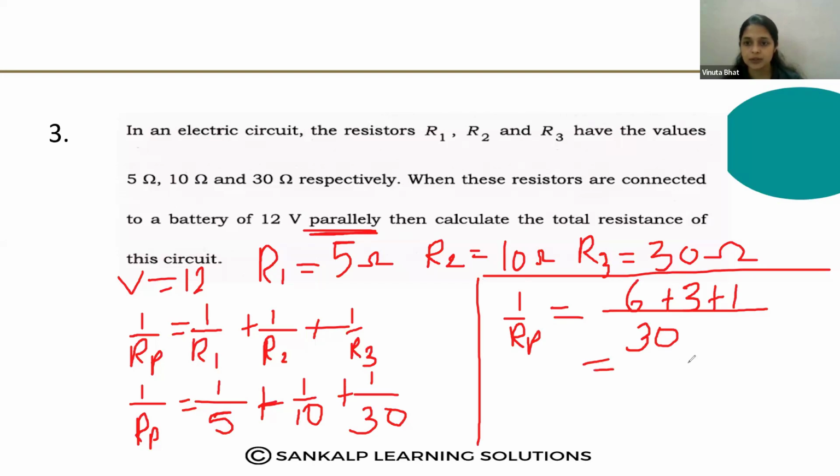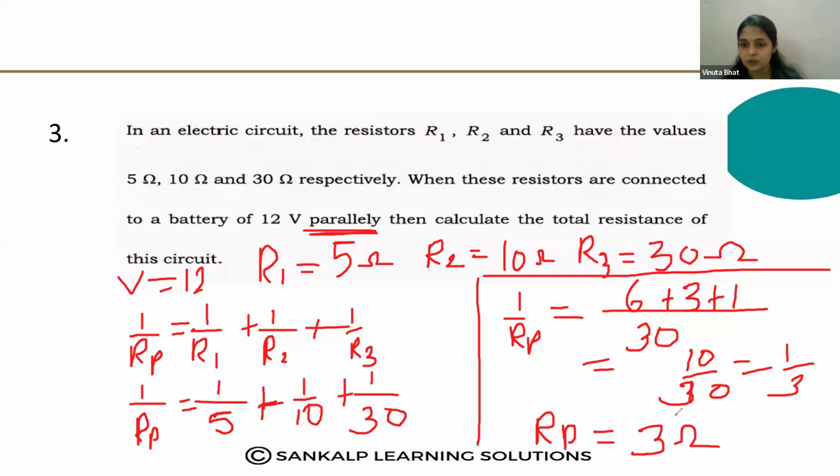That is equal to 10 by 30. So that is equal to 1 by 3. Rp, the total resistance, is equal to 3 ohm. What is the total resistance? That is 3 ohm. So the total resistance of this circuit is 3 ohm.